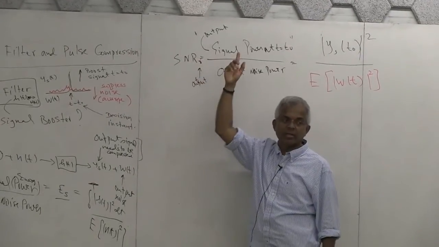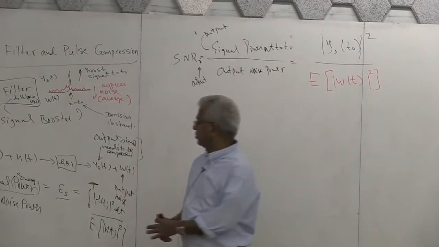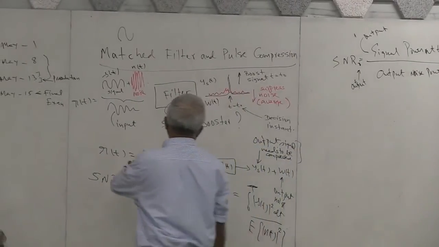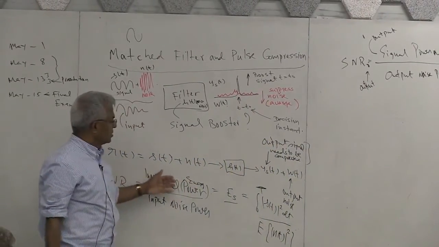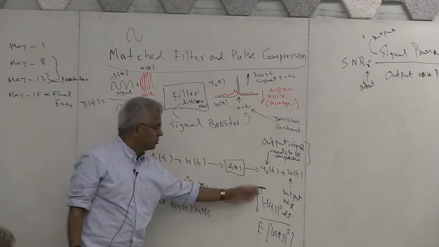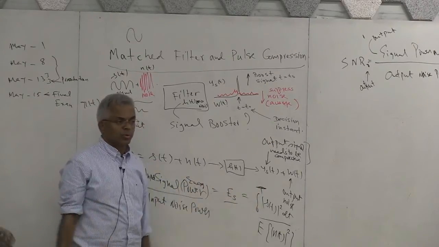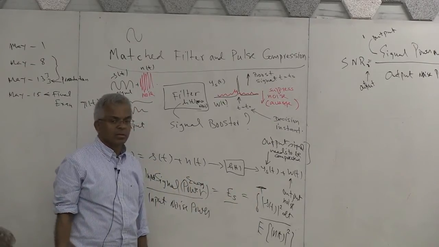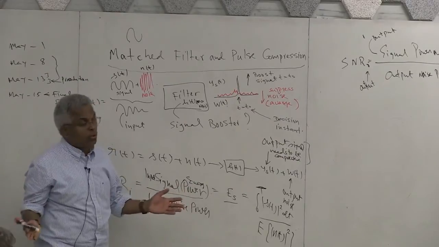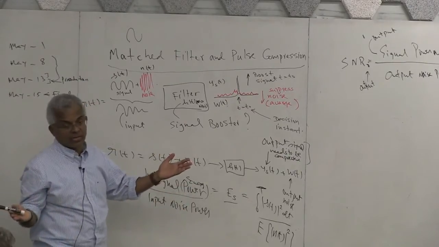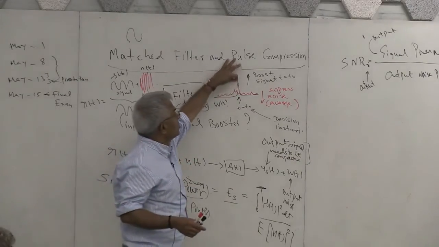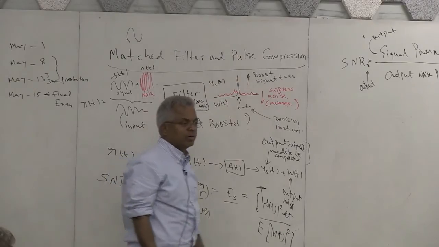I agree with that. You can define it a different way, as I did here. Generally it is defined as input signal power, which you average over the whole duration of the signal. You can do that at the output also, except you will get a different result. We want this property to come up. We want the pulse compression.